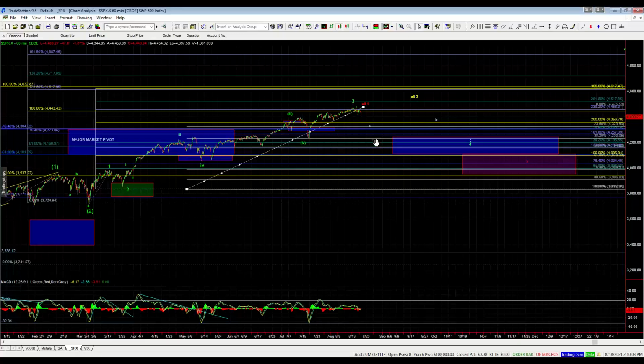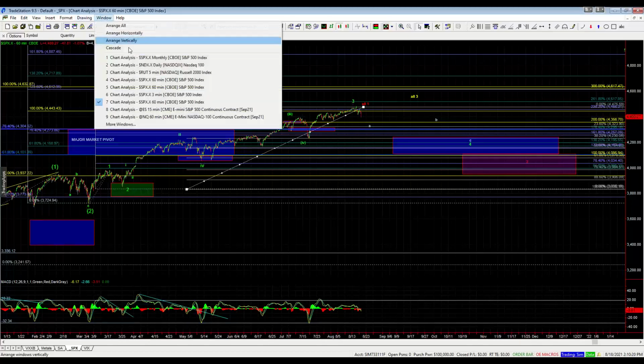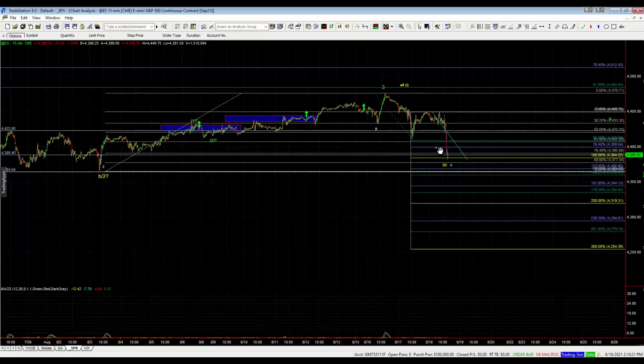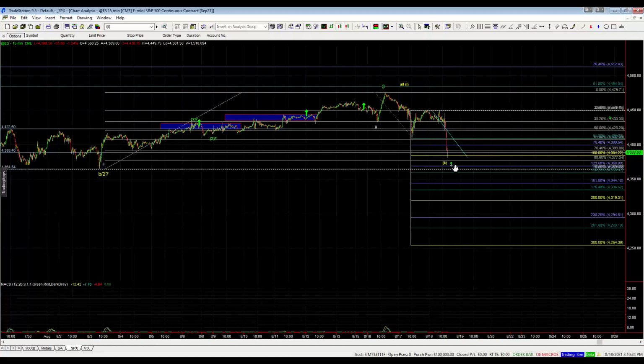So again, fourth waves can take a lot of different paths, and we really aren't going to know until we see some sort of support and some sort of a bottom form. But right now we are at the 100 extension of the initial move down. So this certainly is a spot where we could see some sort of a bounce. But again, it could only be the A wave of a larger wave A. Unfortunately, that's how fourth waves tend to work.